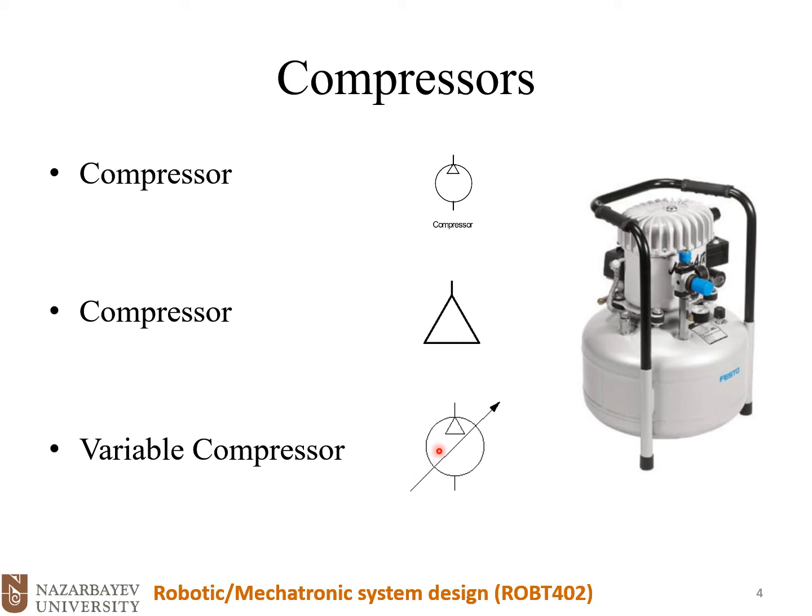The variable compressor, the one which has a variable capacity and variable output air volume, is represented by this symbol, and you could see this arrow here. This arrow shows that we have the capability of changing the output volume.